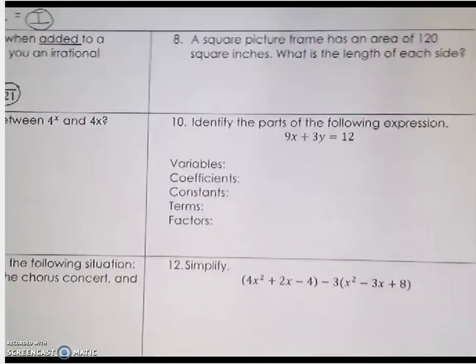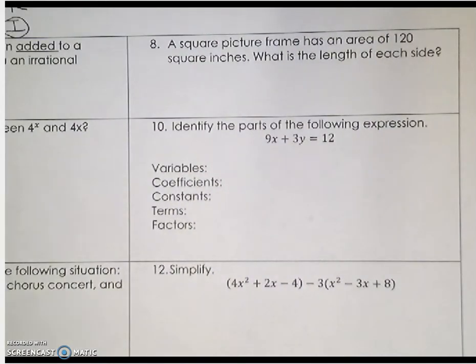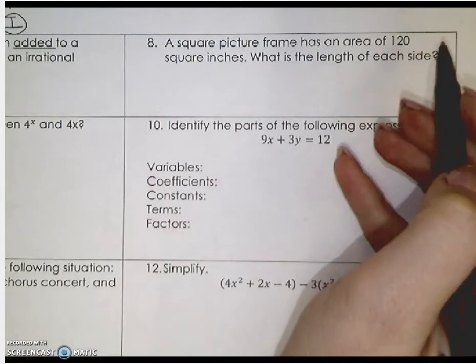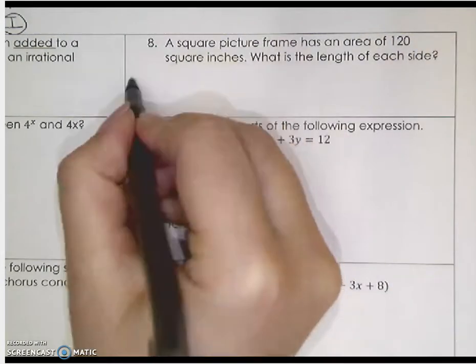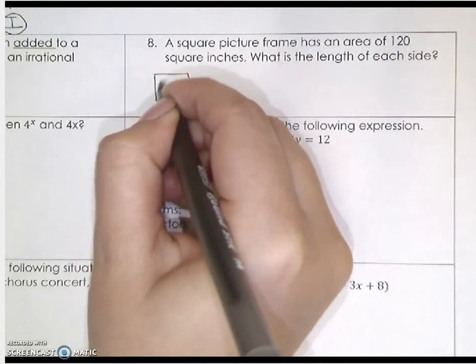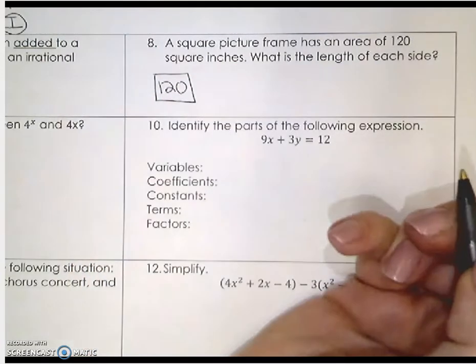Alright, we can finish one more for this video. So number 8 says that a square picture frame has an area of 120 square inches. So I have a square picture frame and it has an area of 120 inches.